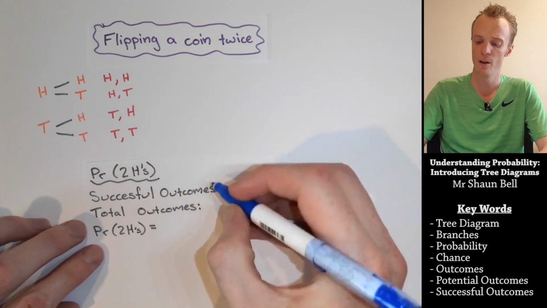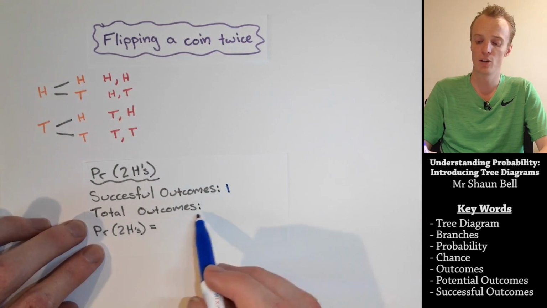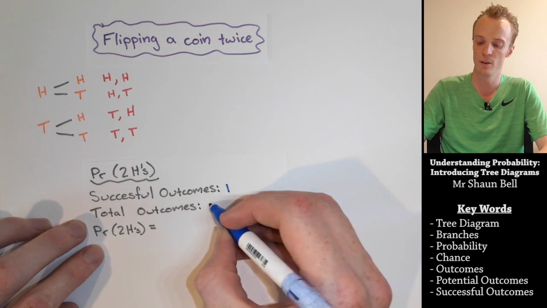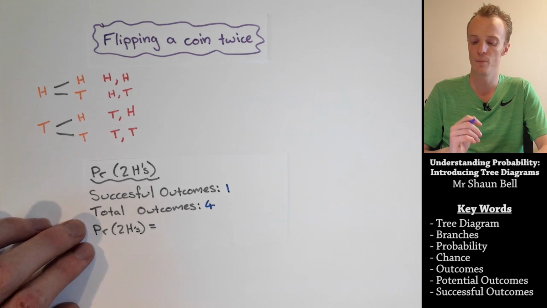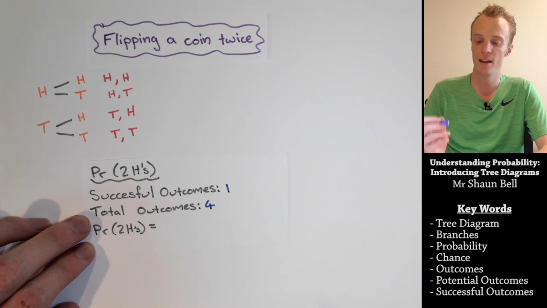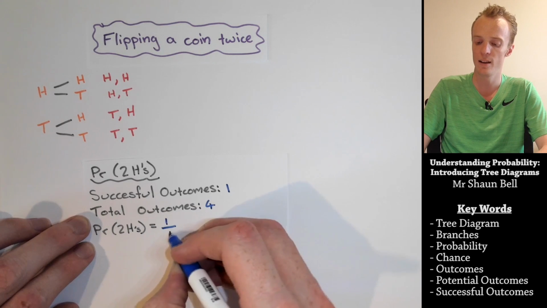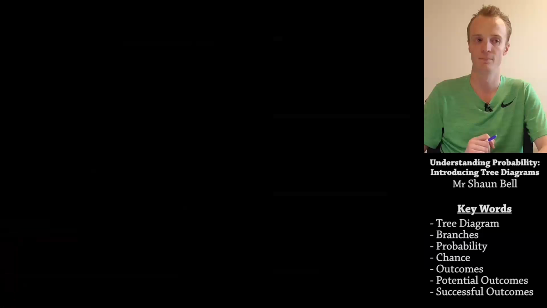So I only have one successful outcome. My total outcomes are 1, 2, 3, 4, so I've got 4 total outcomes. So the probability of getting two consecutive heads is a 1 in 4 chance, represented here as a fraction.